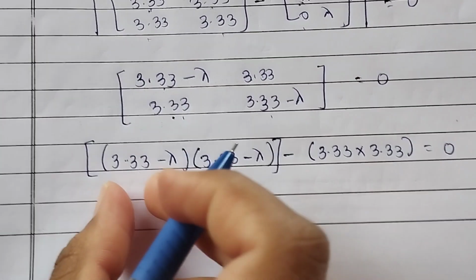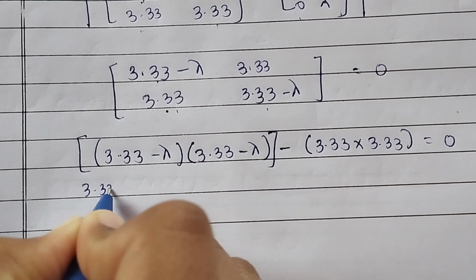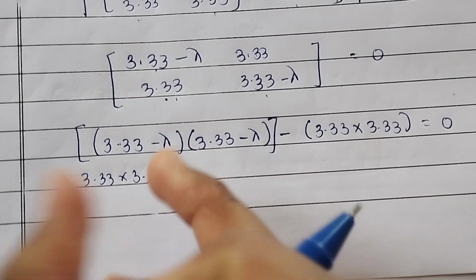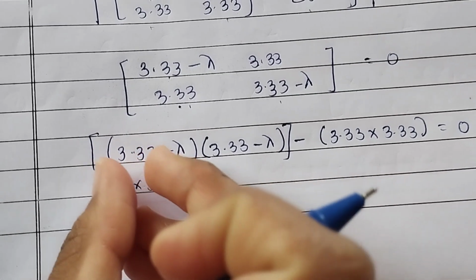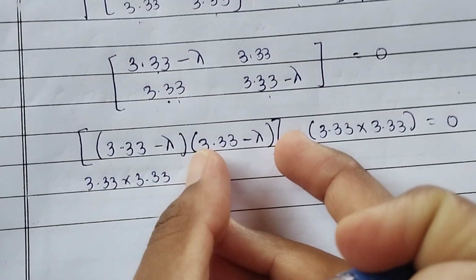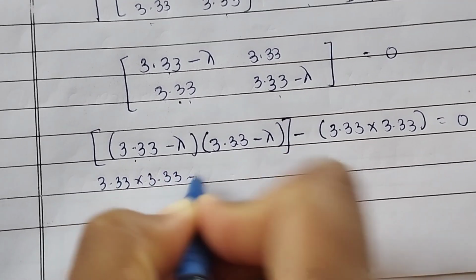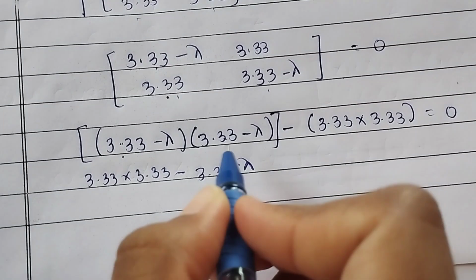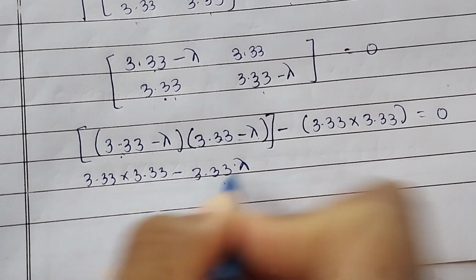So first we multiply these two. First term into the whole bracket, second term into the whole bracket. So 3.33 into 3.33 minus 3.33 into lambda, this 3.33 into minus lambda means this.